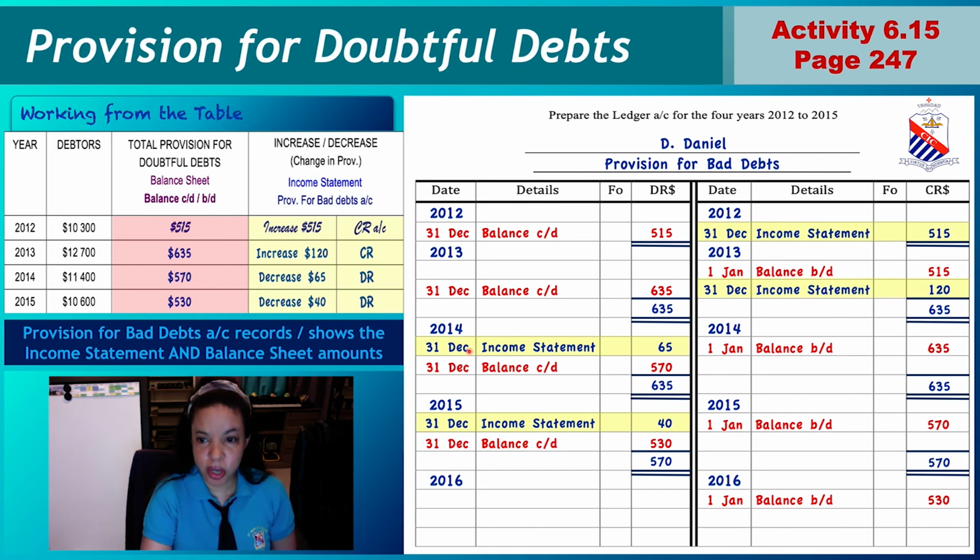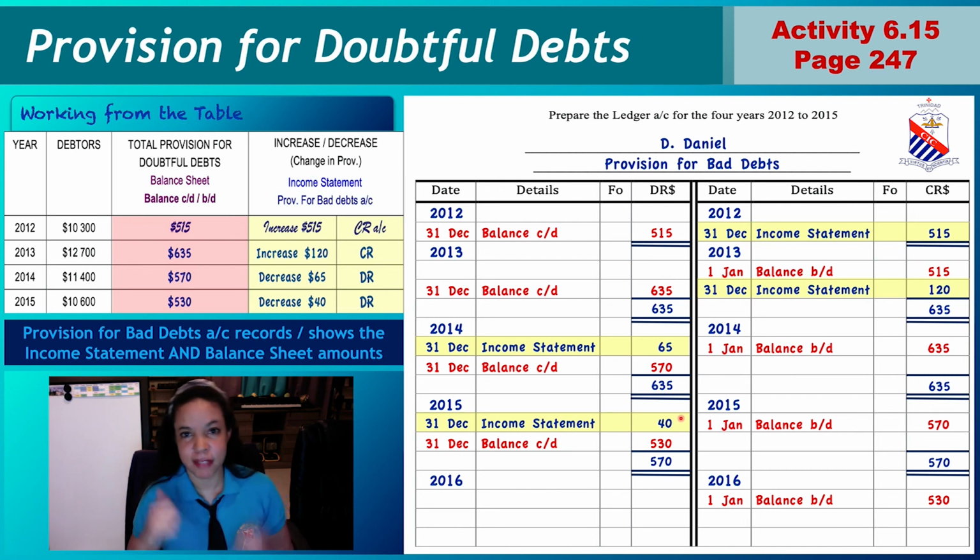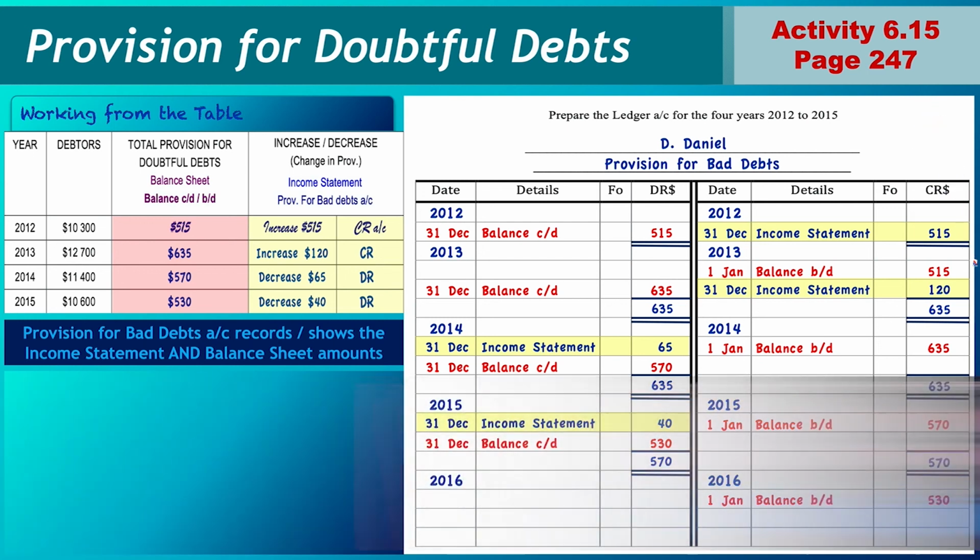However, in 2014, because it's on the debit side, on the other side, it is a decrease in the provision by 65, and in 2015 there was another decrease in the provision of $40, which just means that because our estimates are dropping because we have been receiving more of the receivables than we had estimated. So that's a good thing.